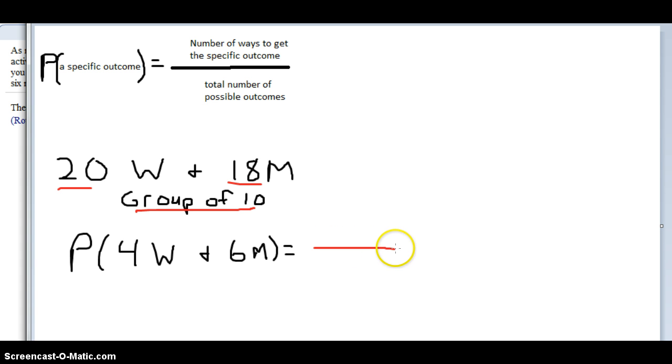If we can set that up, we'll have the probability. So let's start with the bottom, the total number of possible outcomes. The key thing to realize is how many total people you have to choose from. If we have 20 women and 18 men, that is 38 total people. So what we're asking is how many possible groups of size 10 can you make out of 38 people?